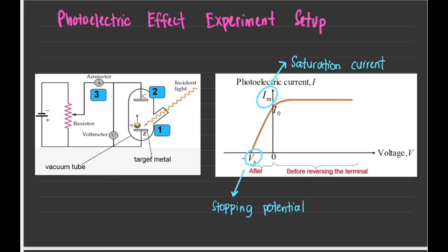At a particular negative value of Vs here, the current I becomes 0. This is the value of negative potential which just stops the photoelectrons, with maximum kinetic energy, from reaching the anode. So the Vs here we call the stopping potential.